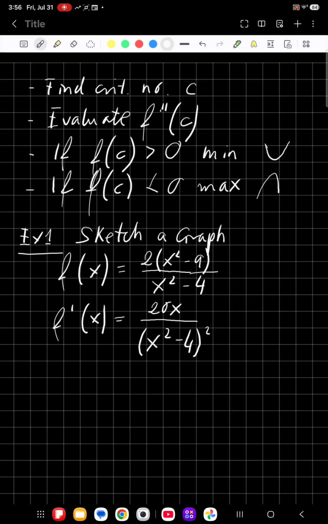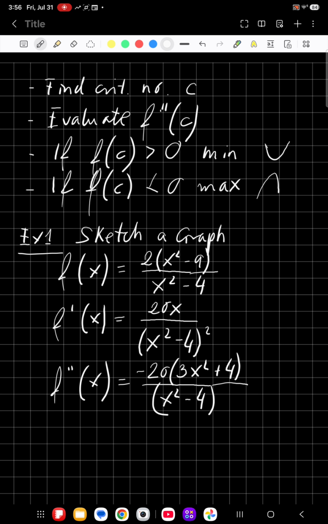So that's the first derivative. The second derivative, f double prime of x, looks like this. It's negative 20 times 3x squared plus 4, and the bottom is x squared minus 4 to the third power.